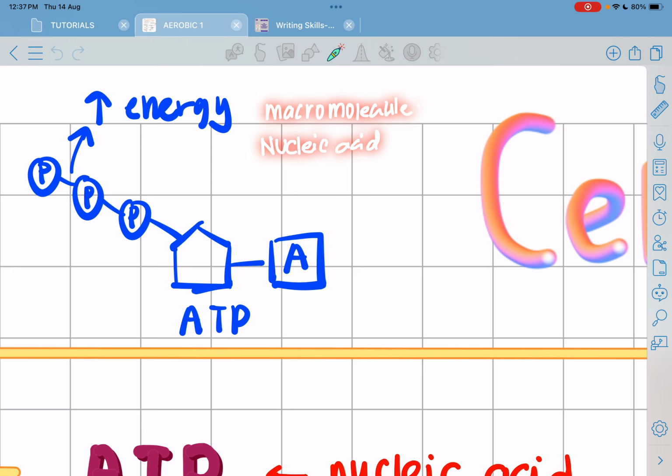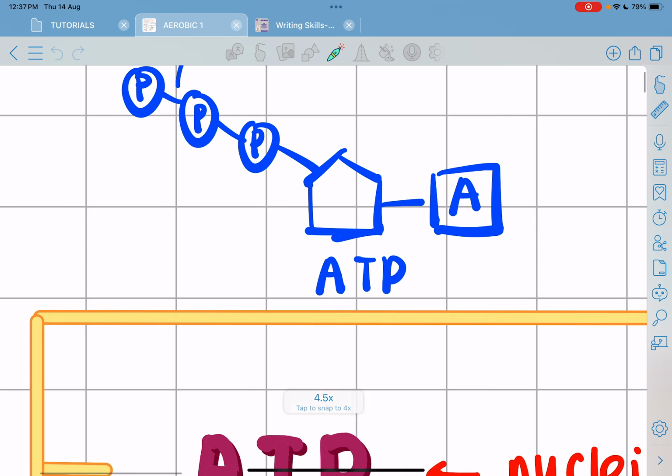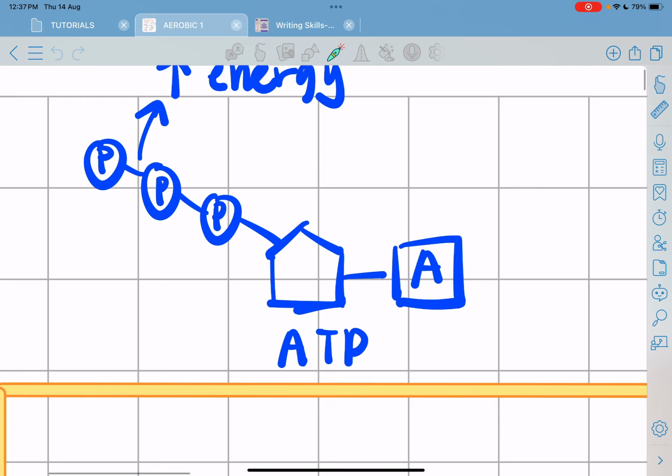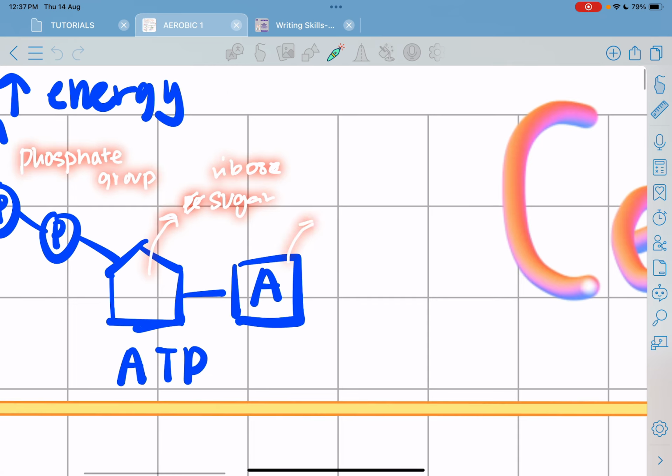Okay. Why? Because in this one we have a phosphate group. We have the sugar, ribose sugar, pentose, and then this one we have nucleotide base.